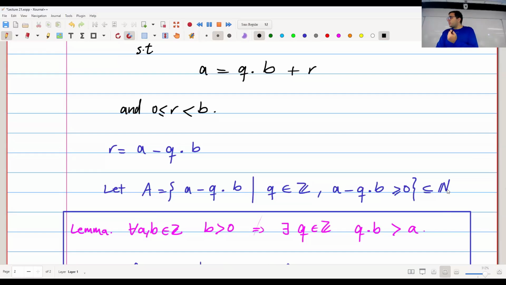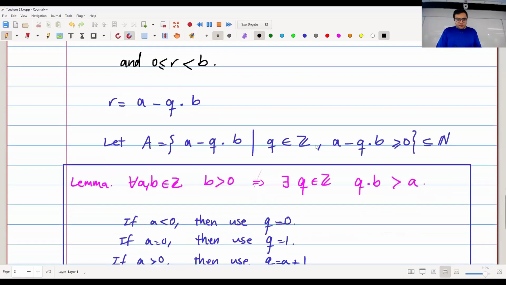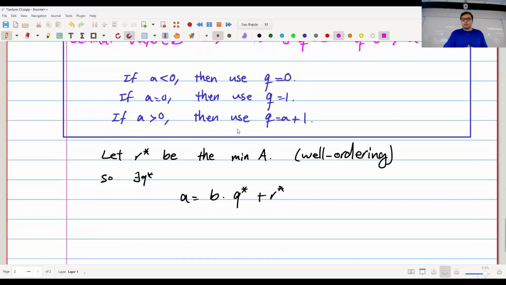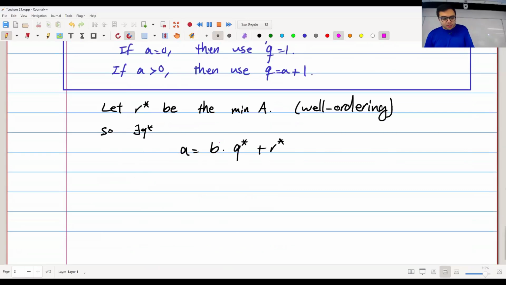So I only have non-negative remainders. But why is it less than B? So I prove this by contradiction. I say, suppose R star is bigger than B. Okay, what can I do now?